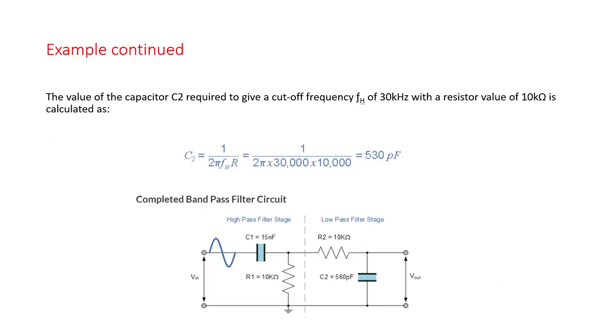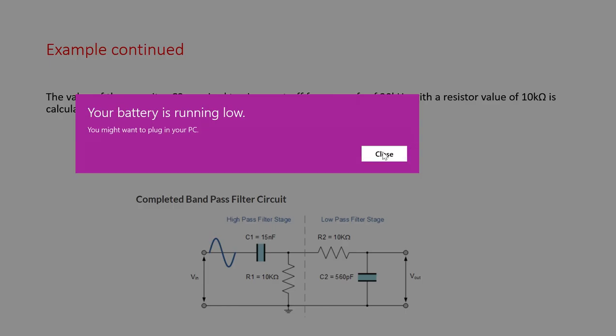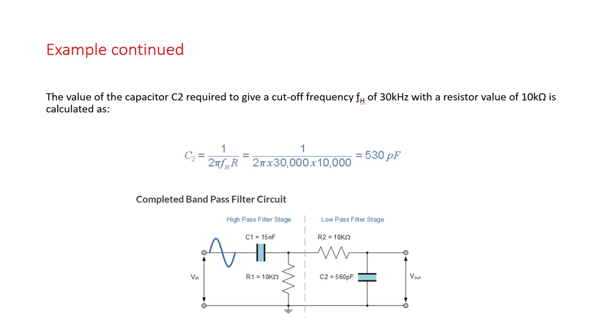Now for stage 2 we calculate the low pass capacitance. So low pass capacitance is calculated by the same formula, and this formula states that C is equal to 1 over 2 pi Fh and R. R is same, Fh is 30k now.